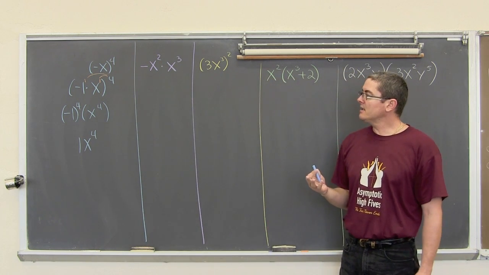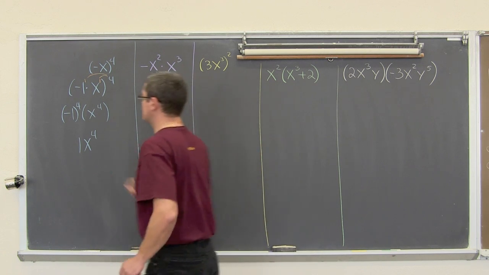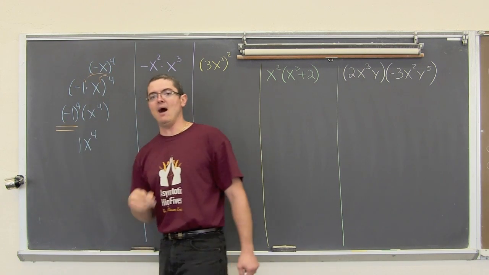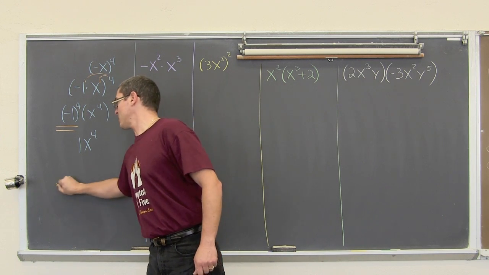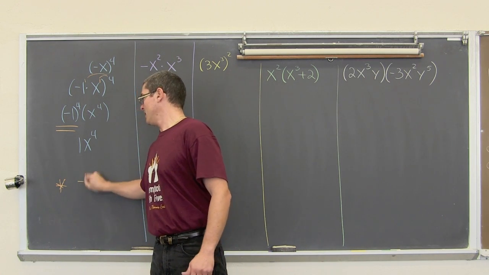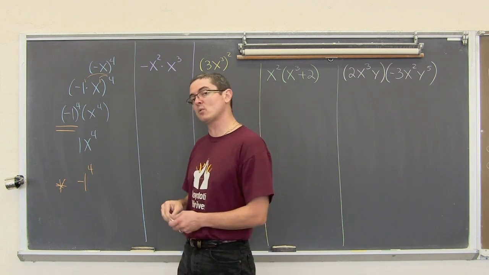If you had, let's stick with this for just a second here, this negative 1 to the 4th power wrapped up inside the parentheses. Now, if I were to make another example, of negative 1 to the 4th, you need to remember that exponents only act on what they're sitting on.